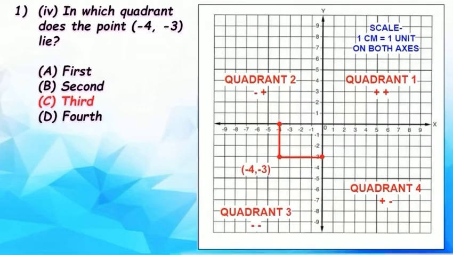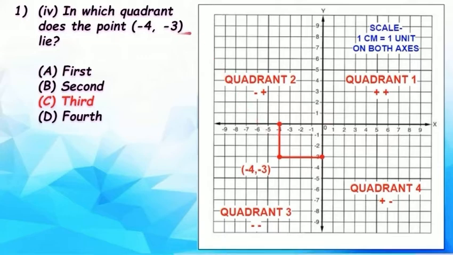Next question says, in which quadrant does the point -4, -3 lie? So our x coordinate is -4 and our y coordinate is -3. So let us plot and see in which quadrant this point lies. We locate on the x-axis where -4 is. So -4 is here. Now the y coordinate is given to be -3.